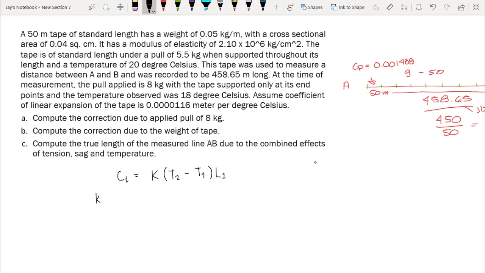So we have K, the coefficient of thermal expansion, which is 0.0000116 per degree Celsius.